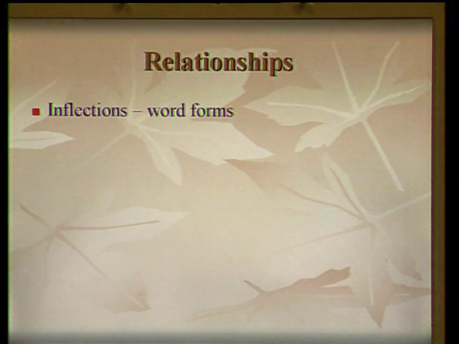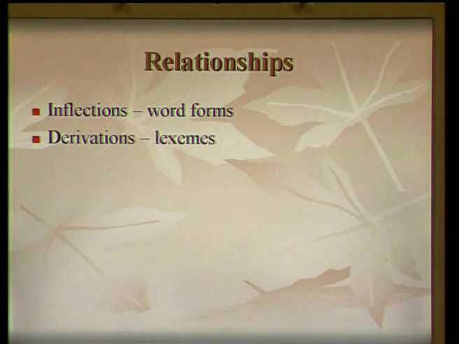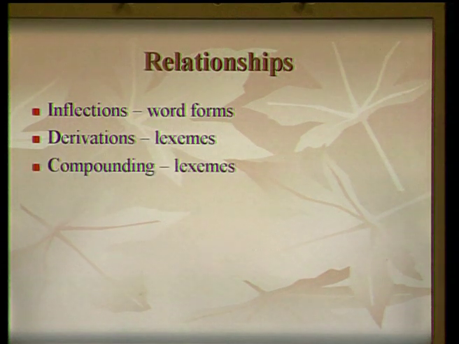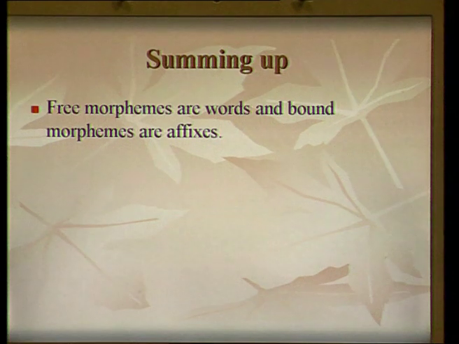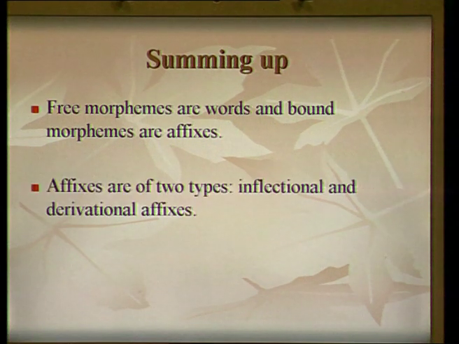Let us now look at the relationships between the different processes. Inflections form word forms. Derivations form lexemes. Compounding also forms lexemes. Free morphemes are words and bound morphemes are affixes.